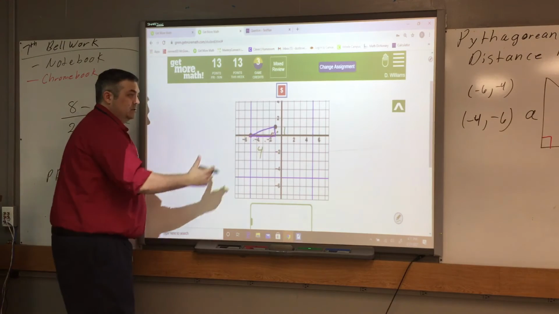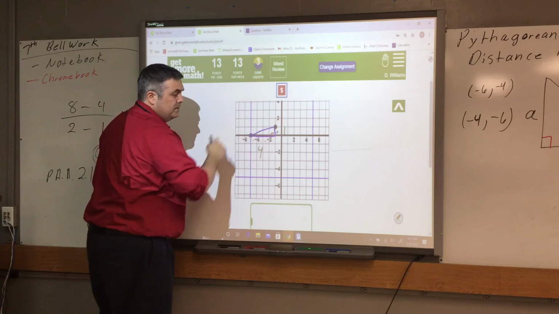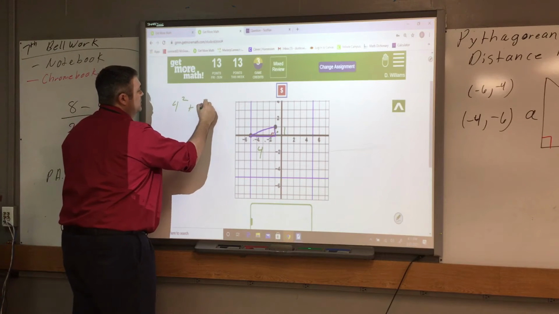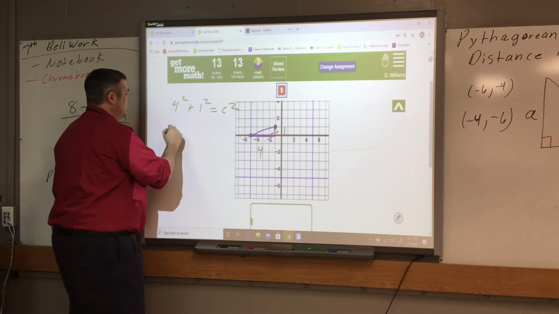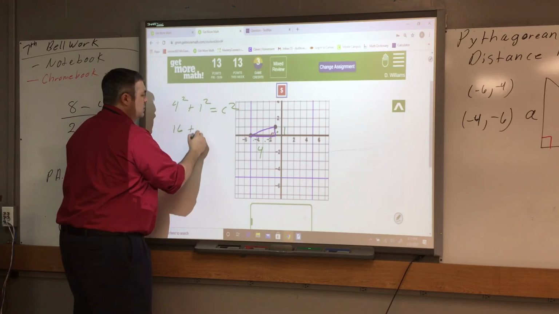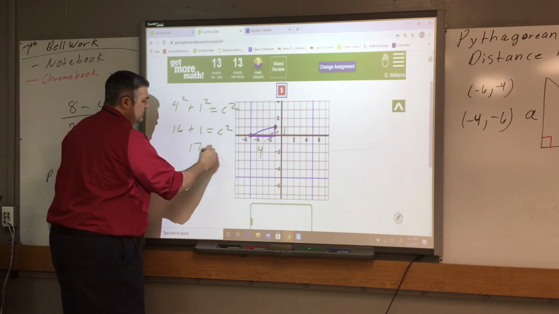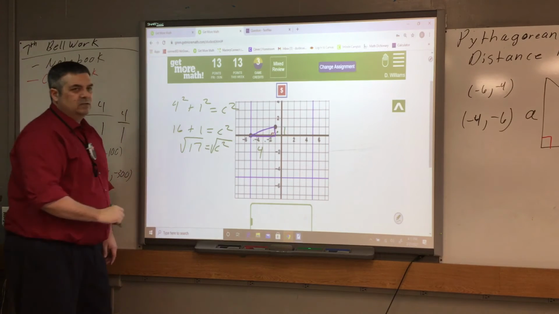So, Pythagorean Theorem, I'm looking for the hypotenuse. The hypotenuse is opposite the right angle. So, 4 squared plus 1 squared equals c squared. 4 times 4, 16. 1 times 1, 1 equals c squared. 17 equals c squared. Take the square root. I'm going through it fast, but I just went through 2 of these.